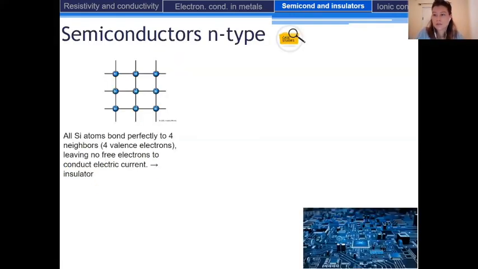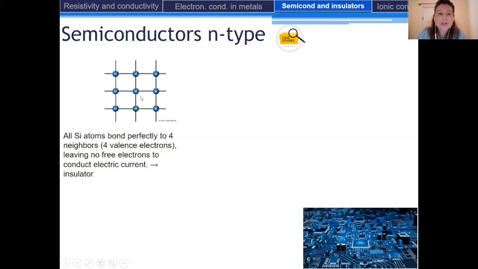So the most common example of N-type semiconductors is the silicon lattice. When we look at the electronic configuration of silicon, we saw that a silicon atom has 4 valence electrons, and these valence electrons are involved in covalent bonding.